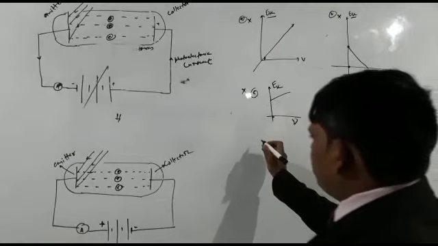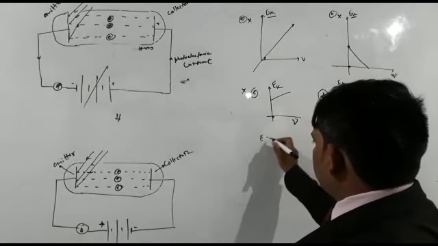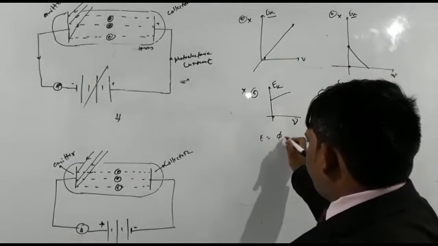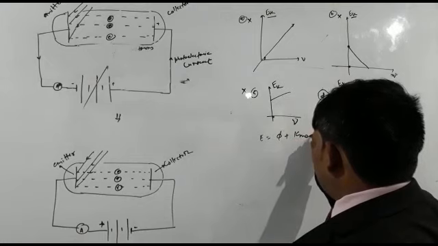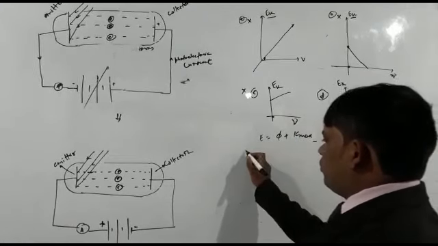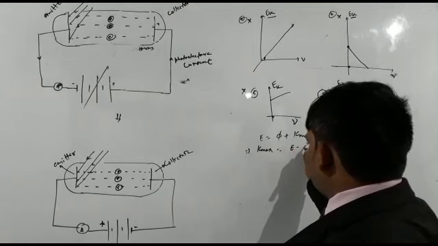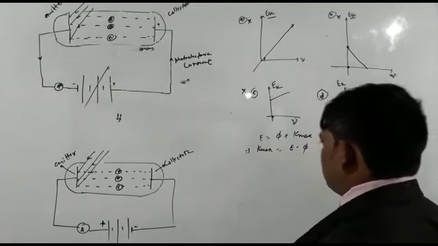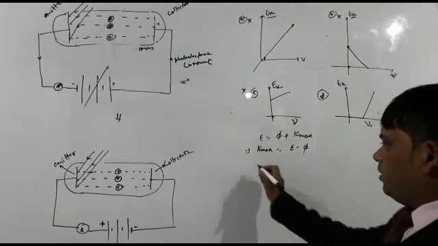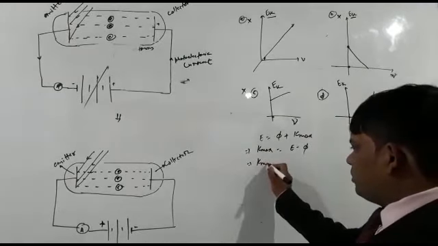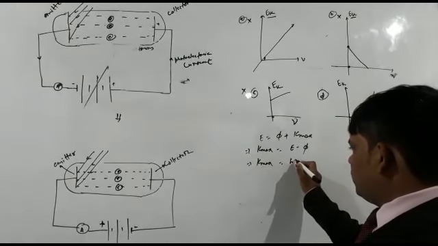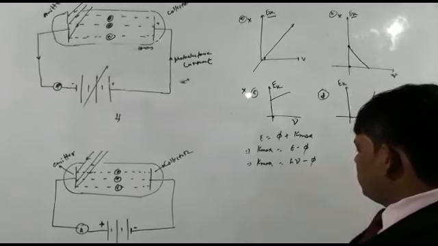According to the question, we know that E is equal to phi plus K max. So K max will be equal to E minus phi, and this is K max is equal to h nu minus phi.